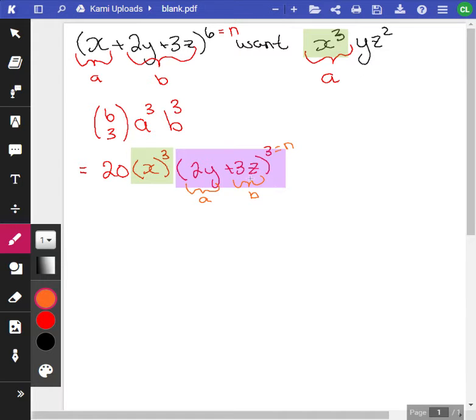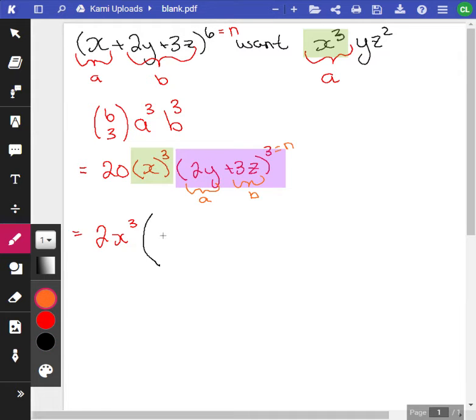I have to expand out the whole thing and try to figure out what's going to go here. So we're going to keep the original. The outside is not going to change any. It's going to stay 20x cubed. And now we're going to have a new expansion of this inside.